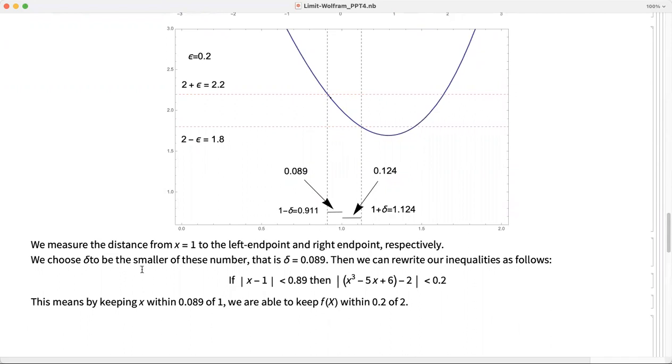So we measure the distance from 1 to the left endpoint, which is right here, and to the right endpoint, so 1 minus delta and 1 plus delta, respectively.